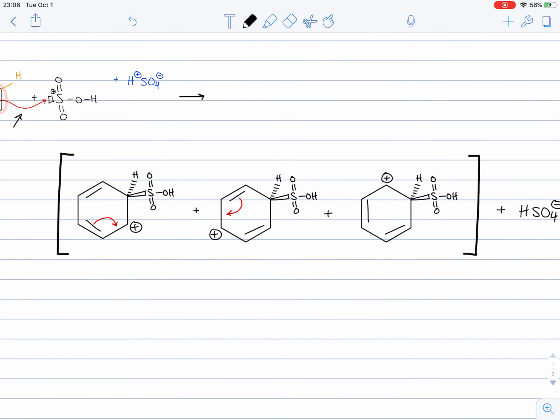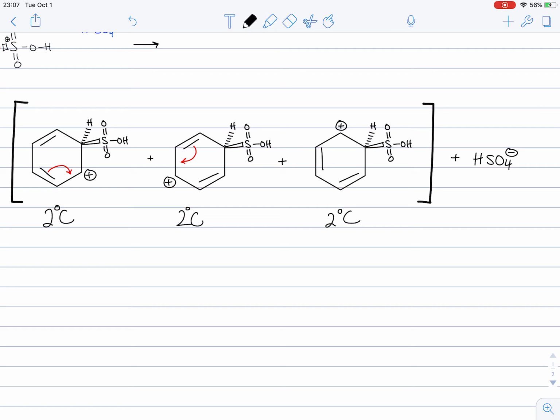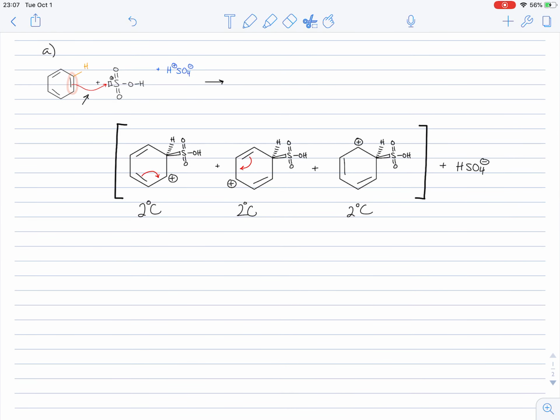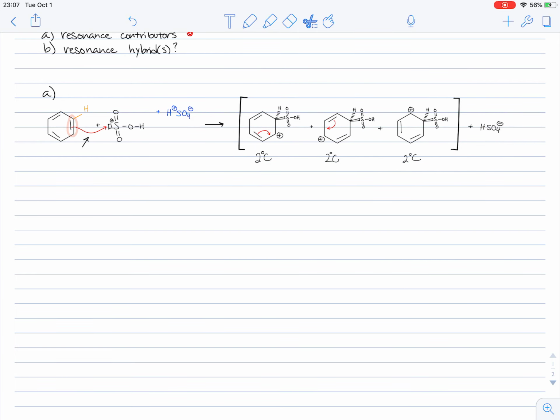So we have these three. The carbocation is on a secondary carbon in each. Now I'm going to shrink it and put it in here.